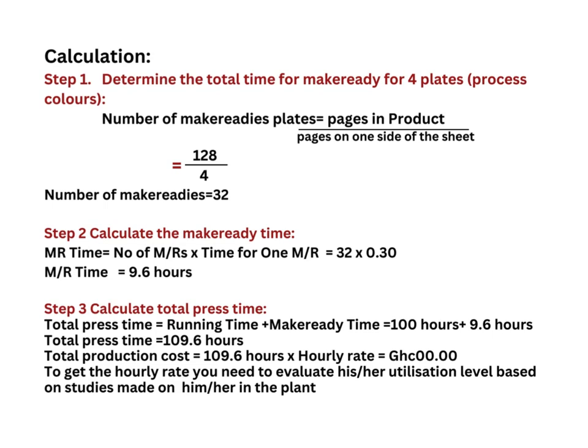So the second step is to calculate the make ready time. You see, time is being mentioned here. They say time is money, but many estimators do not assign time to their estimating cost. And that's a huge mistake. So the make ready time is equal to number of make readies times time for one make ready.